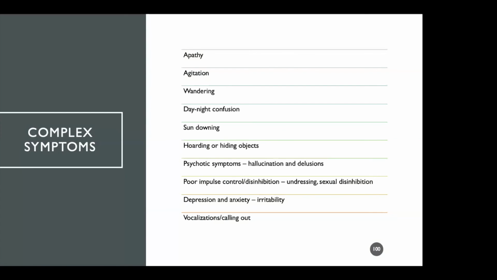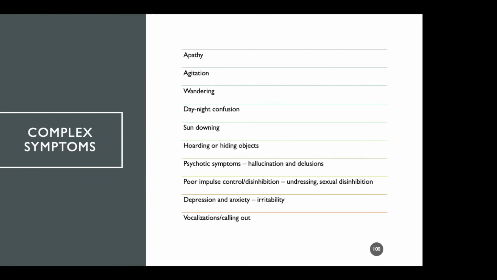Next slide. So I just talk about complex symptoms of dementia: apathy, agitation, wandering or wanting to leave, day-night confusion. We've all heard of sundowning, hoarding things. We just talked about hallucinations and delusions, which are almost universal.